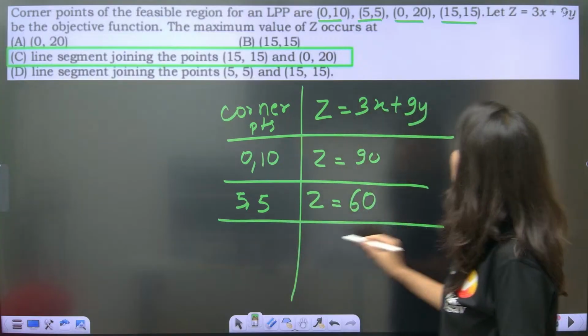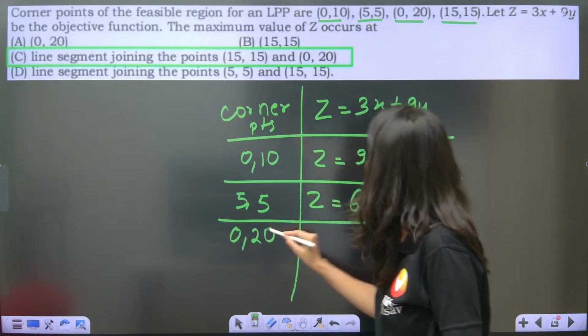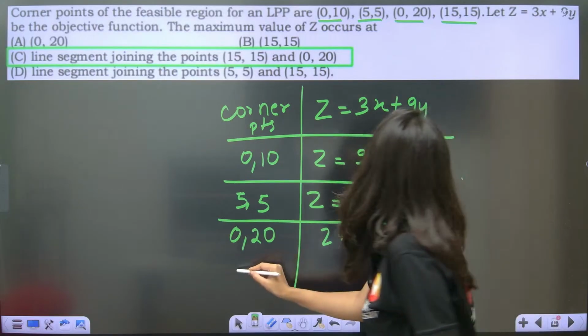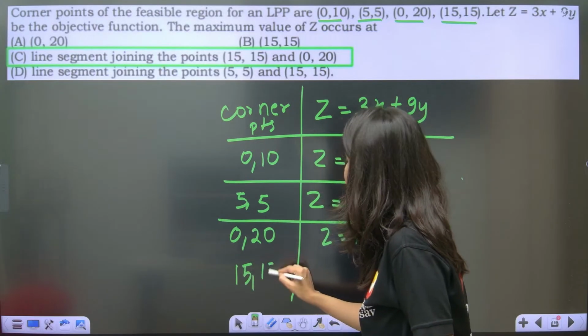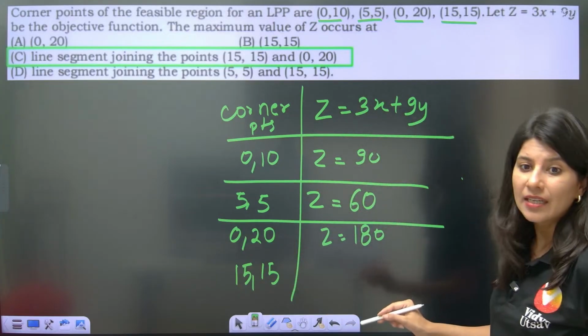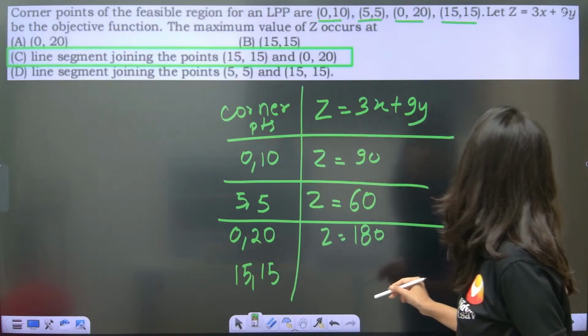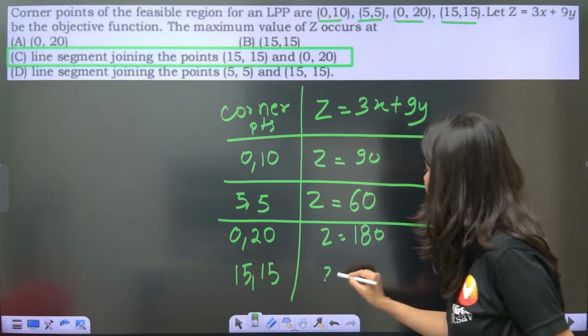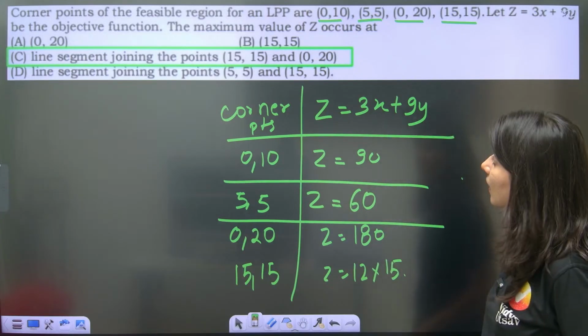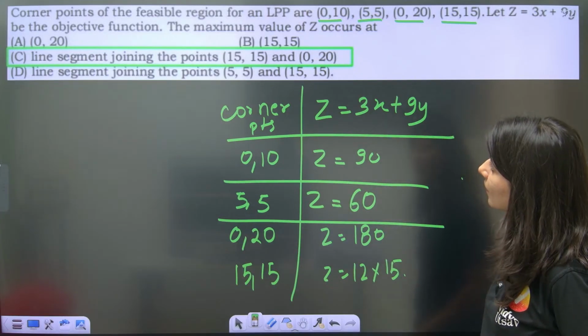Then the next is 0, 20: Z will be 180. And if you put 15, 15, it is going to be 45 plus 9 into 15, so Z is 12 into 15.